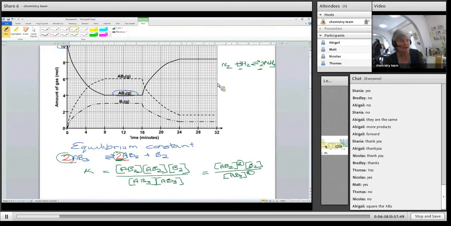So if I had to write the equilibrium constant expression, then what would that be? You always look at the products first, and they all go in the numerator at the top, and then the reactants are on the denominator. So what would go on top?